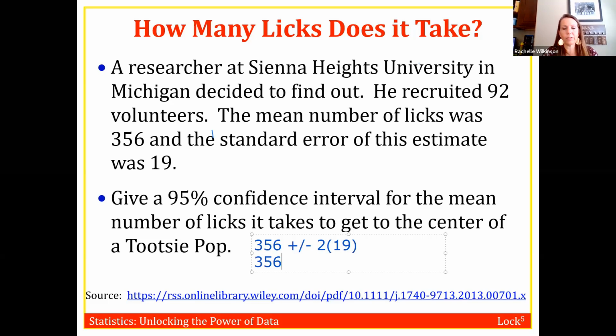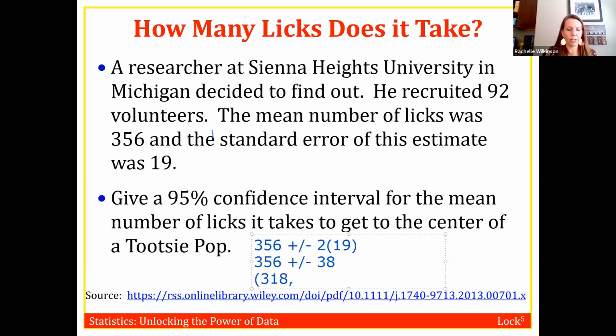So that's going to be 356 plus and minus, so 2 times 19 is 38. 356 minus 38 is 318. And then 356 plus 38 is 394. So my confidence interval goes from 318 to 394.